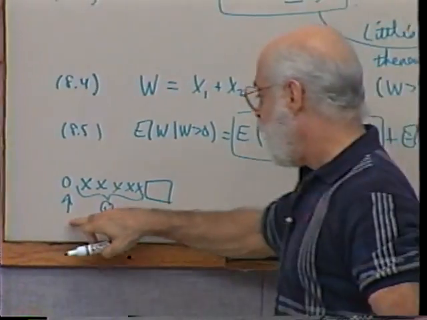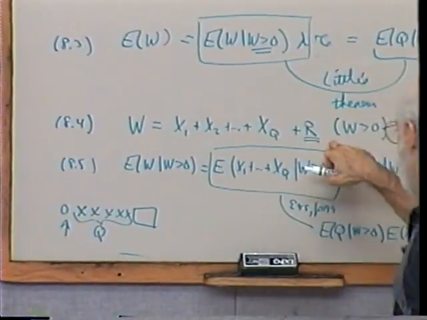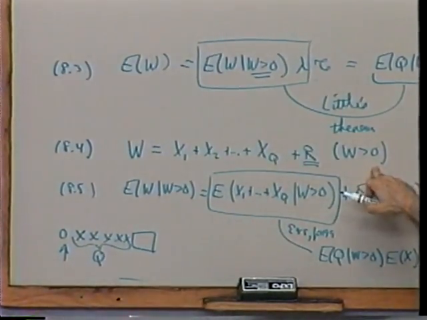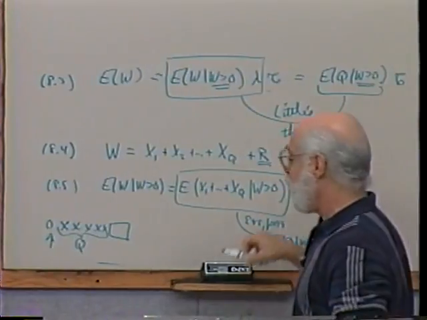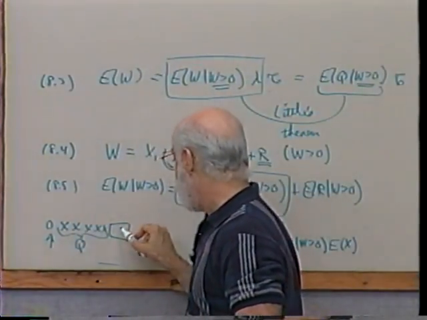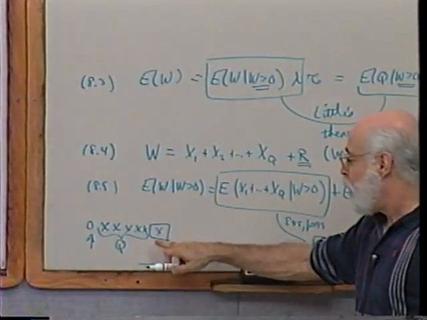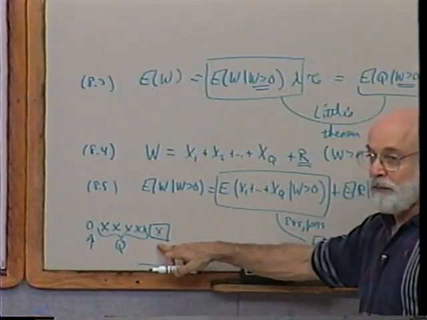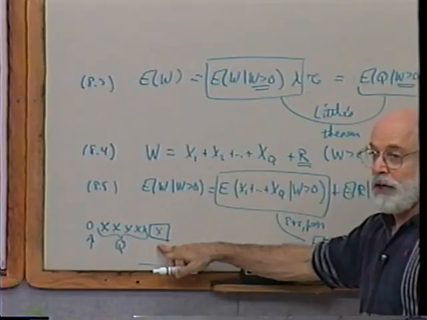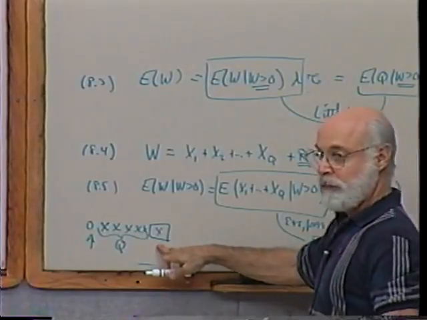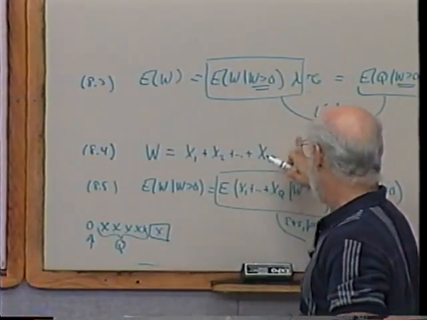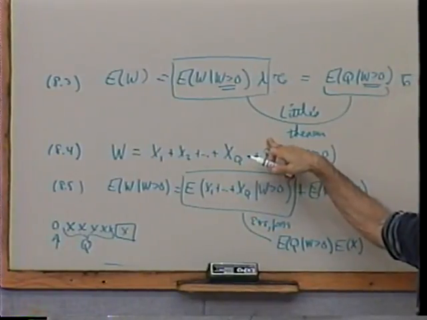Plus, and we're conditioning on the fact that he had to wait, if he had to wait when he arrived, then at the time he arrived, there must have been somebody in service. So he also had to wait for the remainder of the service time that he interrupted when he arrived. Now, that remainder is called R, and that's where the renewal theory is going to come in.